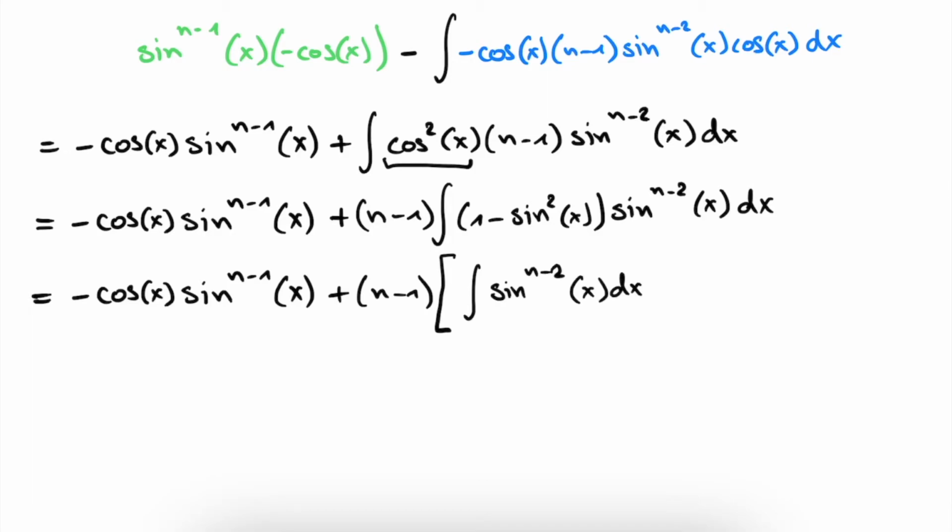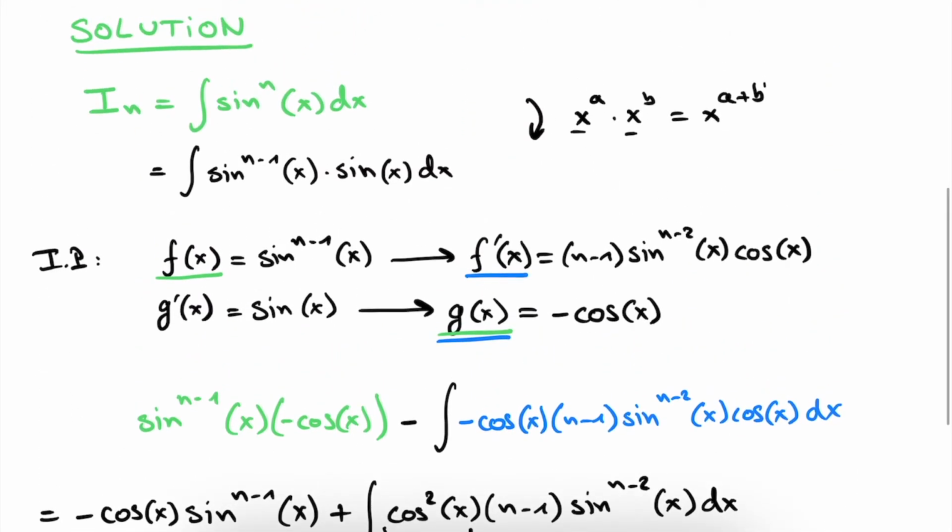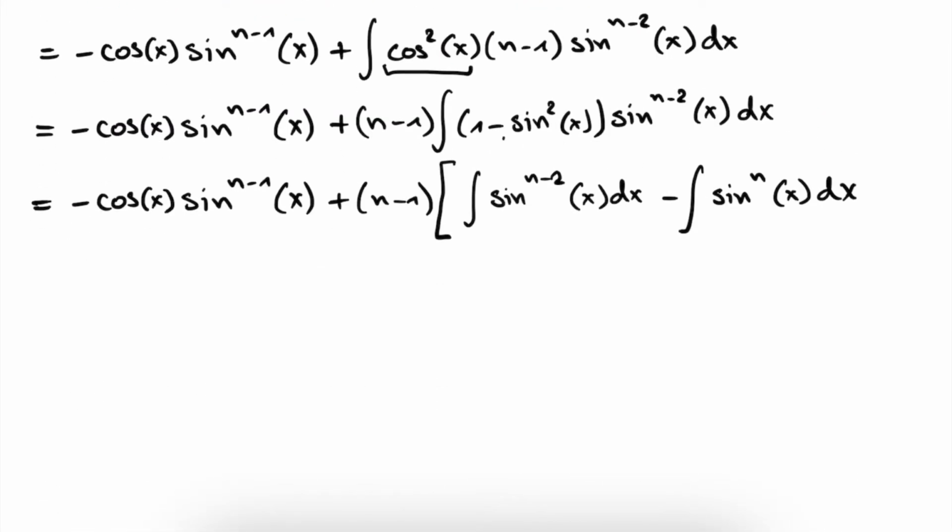The second term, which has a minus sign in front of it, we will get by multiplying this sine to the power of n minus 2 with this sine squared, which will then of course simply become sine to the power of n x dx, again using this formula where we have sine squared of x and sine to the power of n minus 2, and n minus 2 plus 2 is simply equal to n.